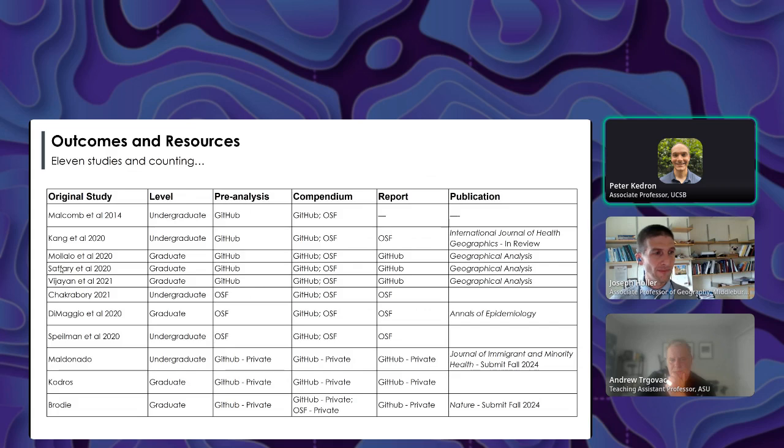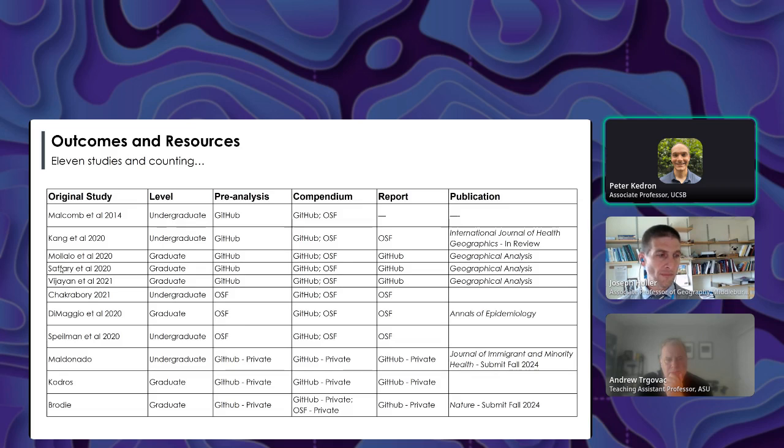So if you were teaching, for instance, a course like Joe talked about from the Chakraborty study, where you're trying to use regression analysis, maybe some more advanced forms of regression analysis, that may be a good study to work from and include in your class in some way. And you can use all of our code, all of our diagrams are there, all the things that Joe showed you are very much available online.